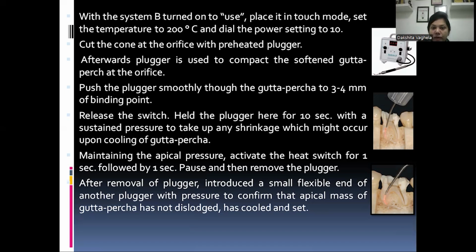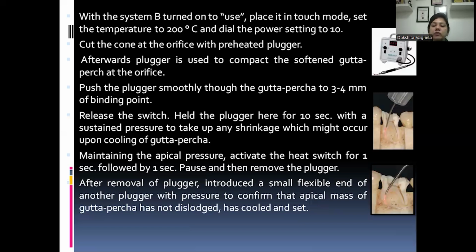Now you're still applying the apical pressure, but you activate again for a second, and then you remove the plugger. So you have first applied heat at 200 degrees Celsius, put pressure on the plugger, cut the GP, and now you are switching off the device, keeping your plugger there for 10 seconds, pressuring it, trying to compensate for the shrinkage which occurs on cooling. And again for 1 second, you apply heat and then remove the plugger.